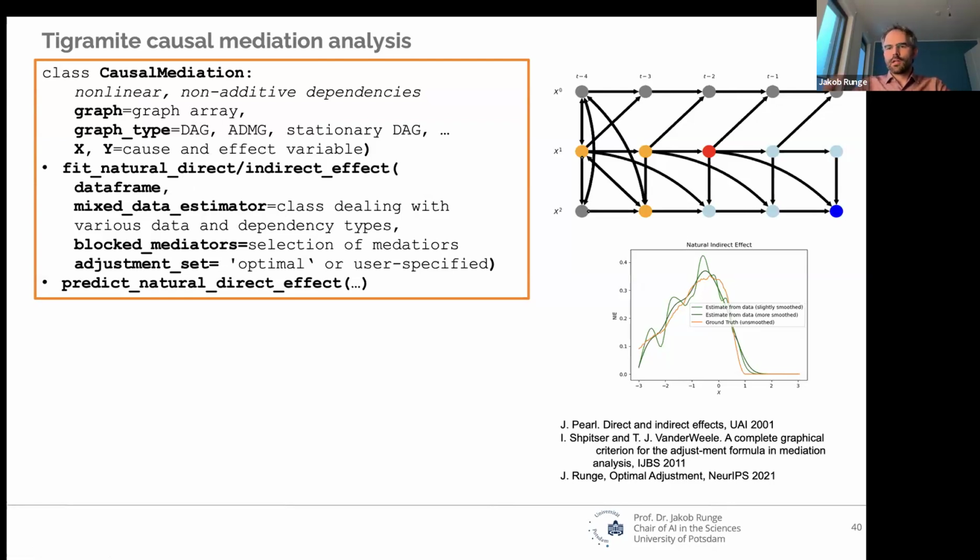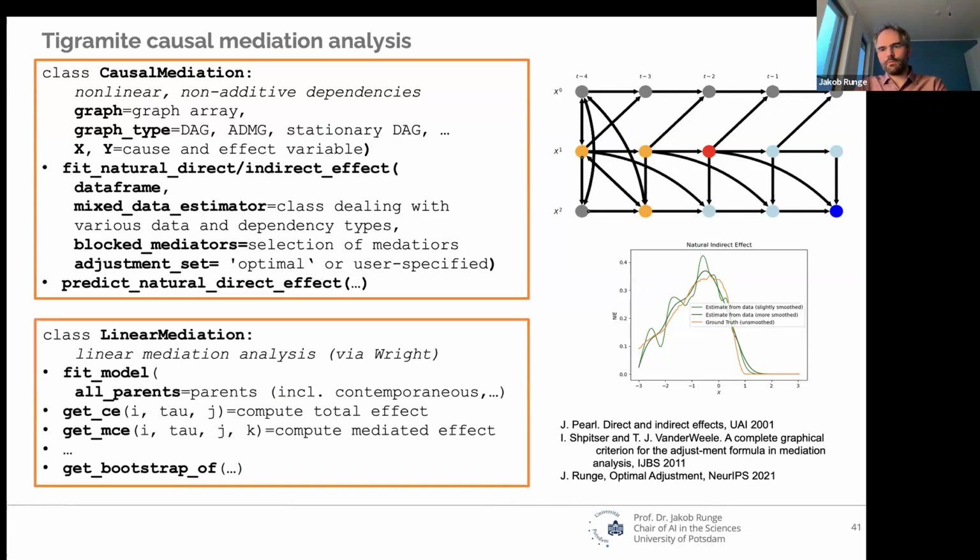So this is a complex class where you can define which nodes are continuous or categorical, and then find the correct estimation strategy. For purely linear systems, I have a much faster version, the linear mediation class. So this is all based on estimating path coefficients and using the right method here. And this has a lot of functionality about total effects, mediated effects, also bootstraps, and is much faster, of course, in a linear case.